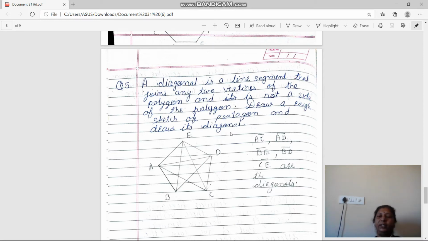Now see here, what is a diagonal? A diagonal is a line segment that joins any two vertices of a polygon. So if we draw a regular pentagon and see its vertices, then we can get AD, BD, AC, EC. These are the diagonals of the pentagon. Got it? Next.